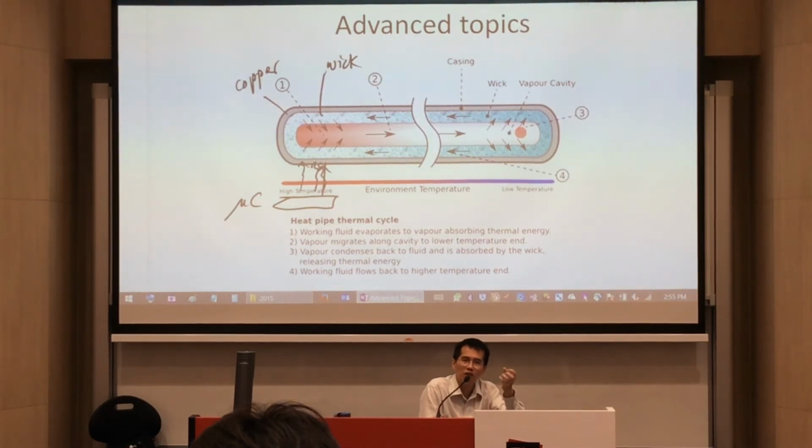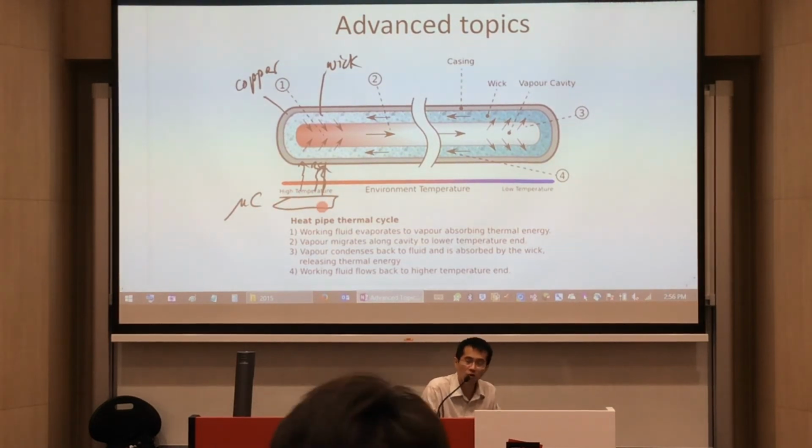Change its state from liquid phase to gaseous phase. And you would want to choose a liquid that can change its phase at the temperature of the microprocessor. Why is that so?